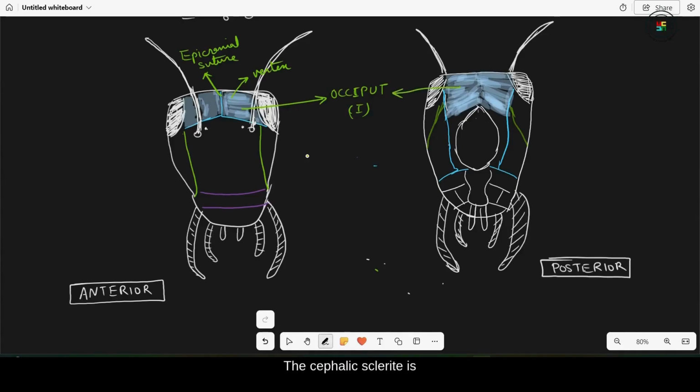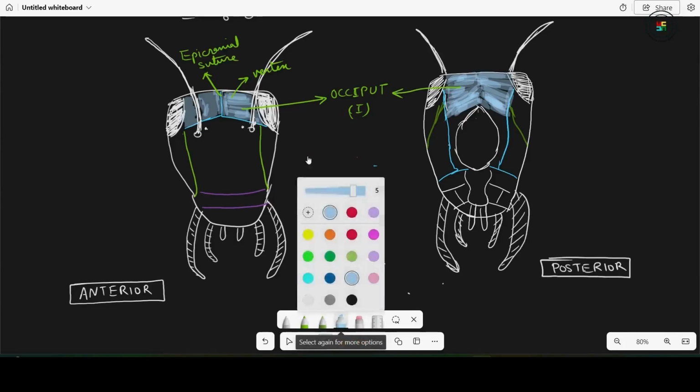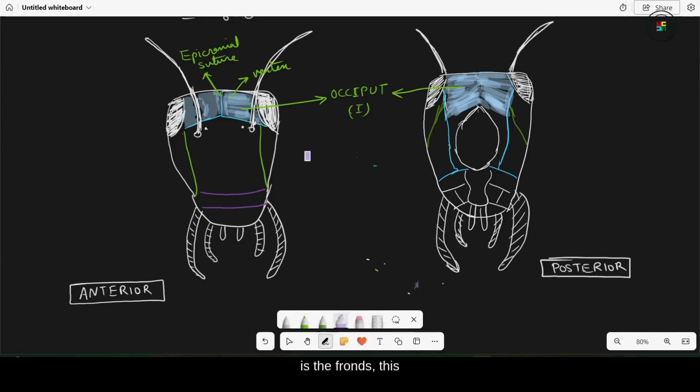The next cephalic sclerite is frons. So this is the frons. This is frons.